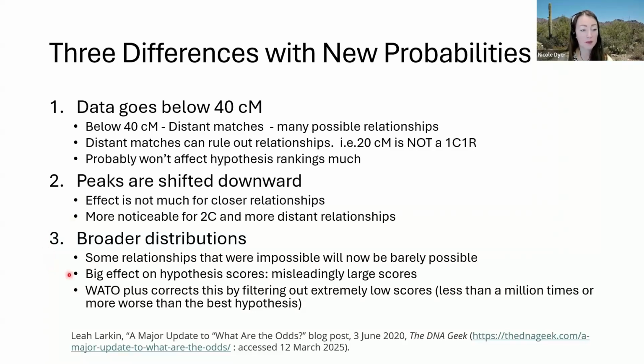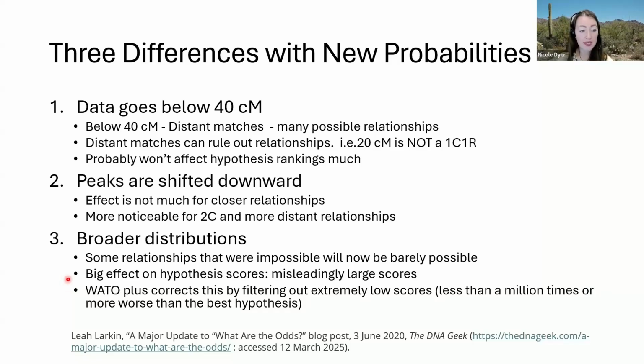And this broader distributions means that some relationships that were impossible in the original probabilities will now be just a little bit possible, barely possible. And this has a really big effect on the hypothesis scores and can lead to really misleadingly large scores for the most likely ones because you have this small, very unlikely probability for the lowest hypothesis.